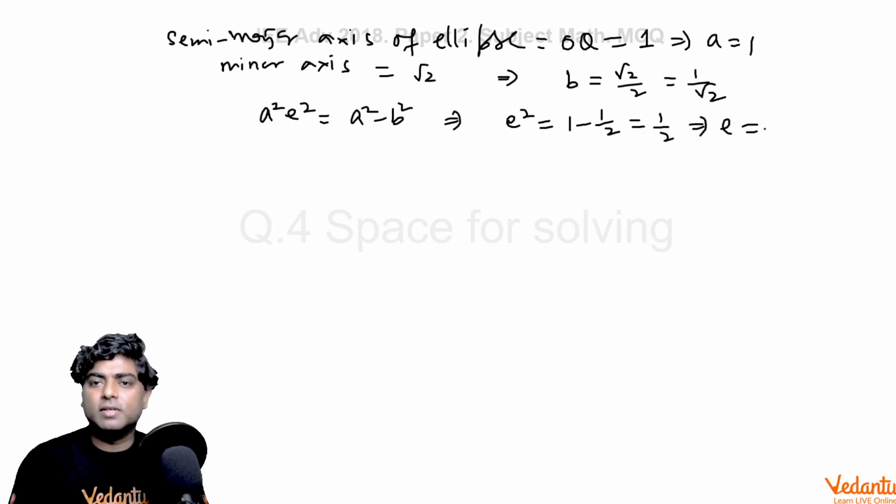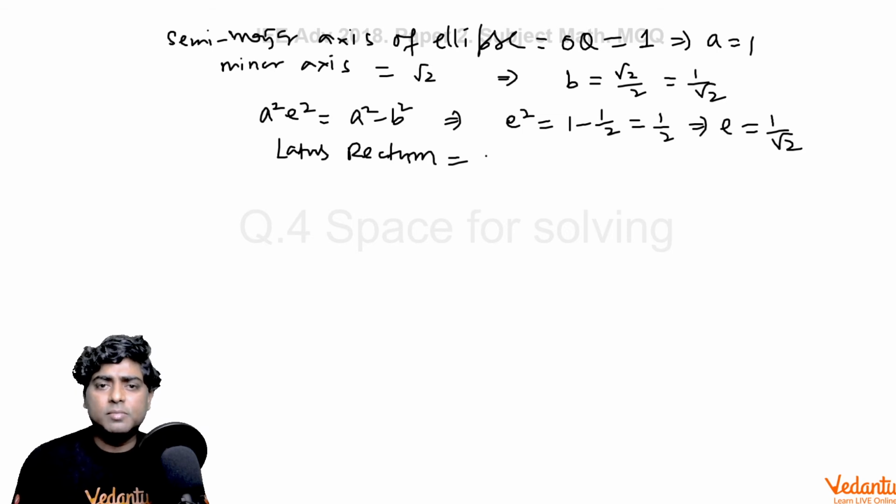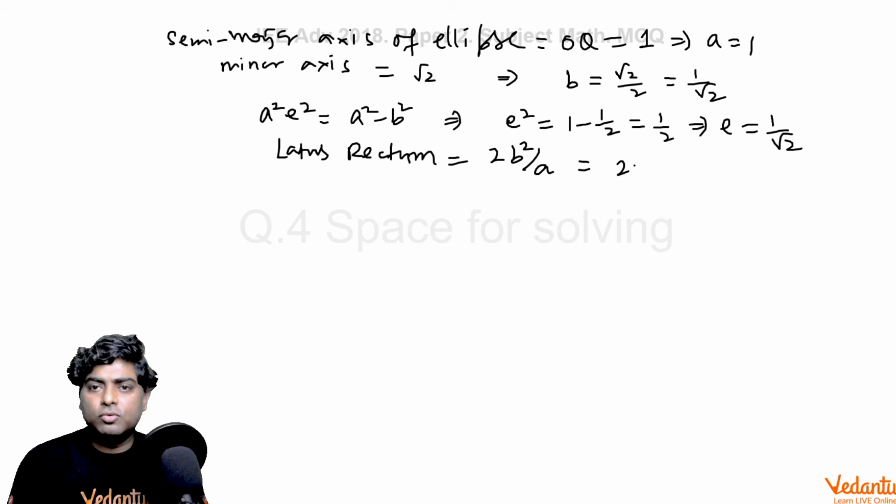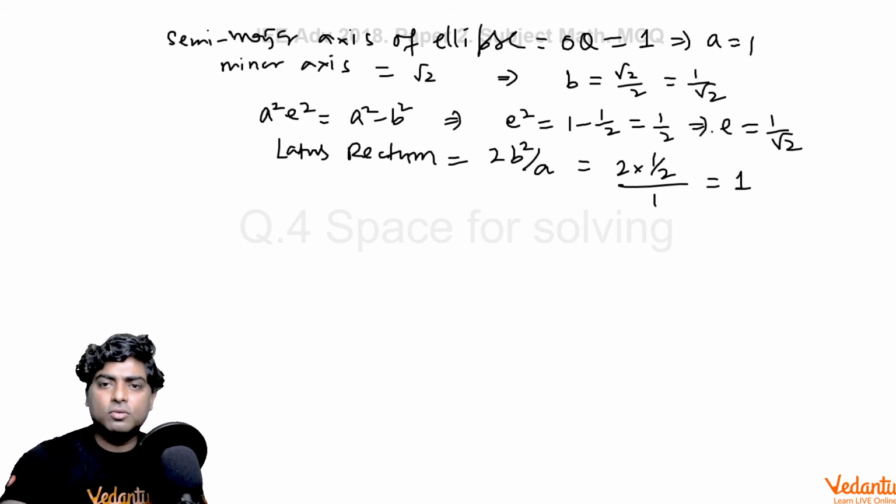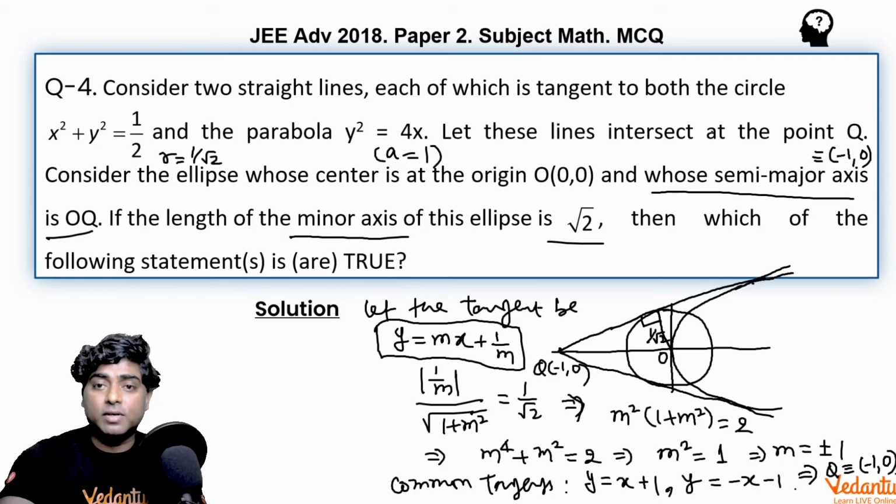So the eccentricity of the ellipse is 1 by root 2. The latus rectum must be twice of B square by A, we know the formula, 2 into 1 by 2 divided by 1, that is 1. So finally, eccentricity is 1 by root 2 and latus rectum is 1.